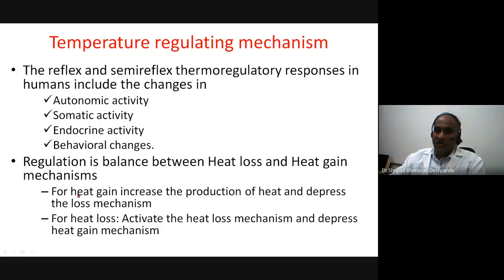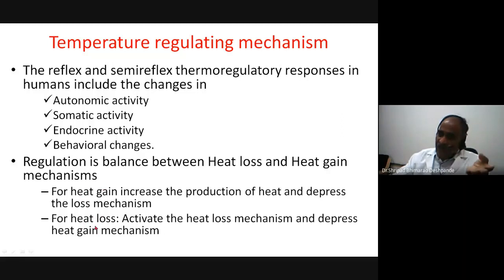Now, for heat gain, that means if heat has to be gained in our body, there should be two mechanisms. One, increased production of the heat, whatever the means by which the heat is generated, that is calorigenesis or heat production, or decreased loss of heat. Increased production and decreased loss would produce the heat gain.